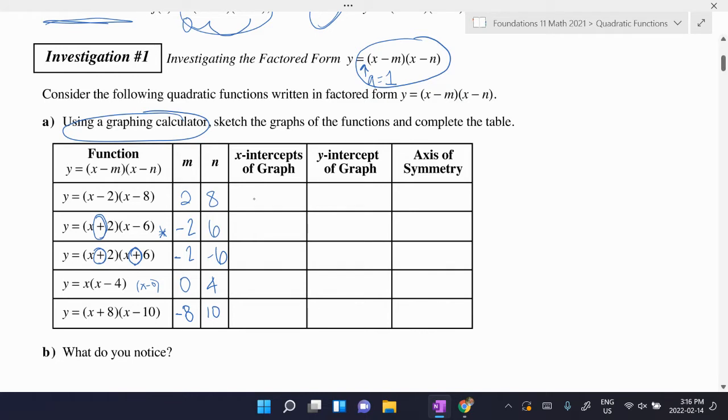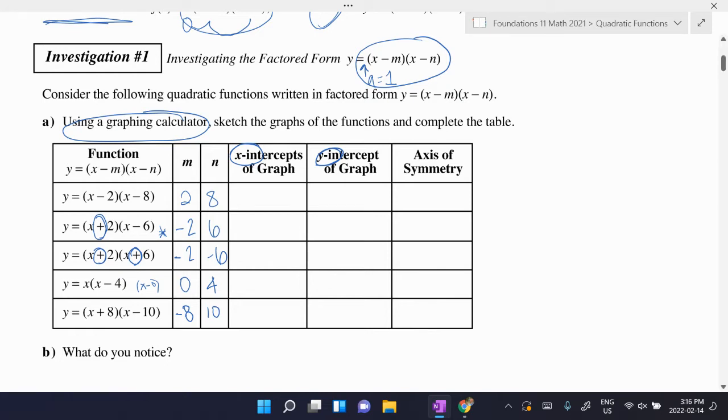Now, using your graphing calculator, find your x-intercepts. Now, if you don't know how to do this on your graphing calculator, come and chat with me, and I can show you using when y is equal to 0, okay? It's when your graph crosses the x-axis, okay?